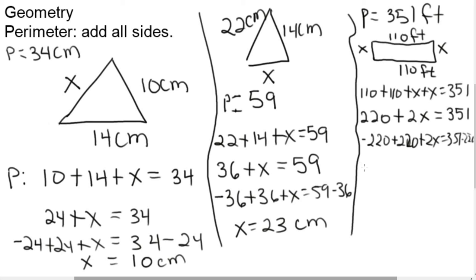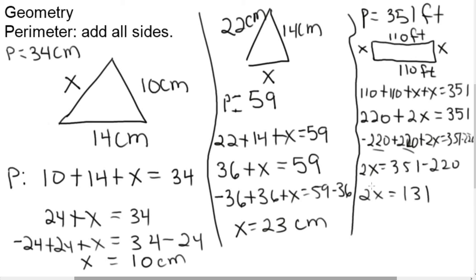Okay, so that goes away. I have 2x equals 351. I'm just going to write this 351 minus 220. So I have 2x here. That equals 131. Yeah, 131. So I know on this left side, my 220s went away.